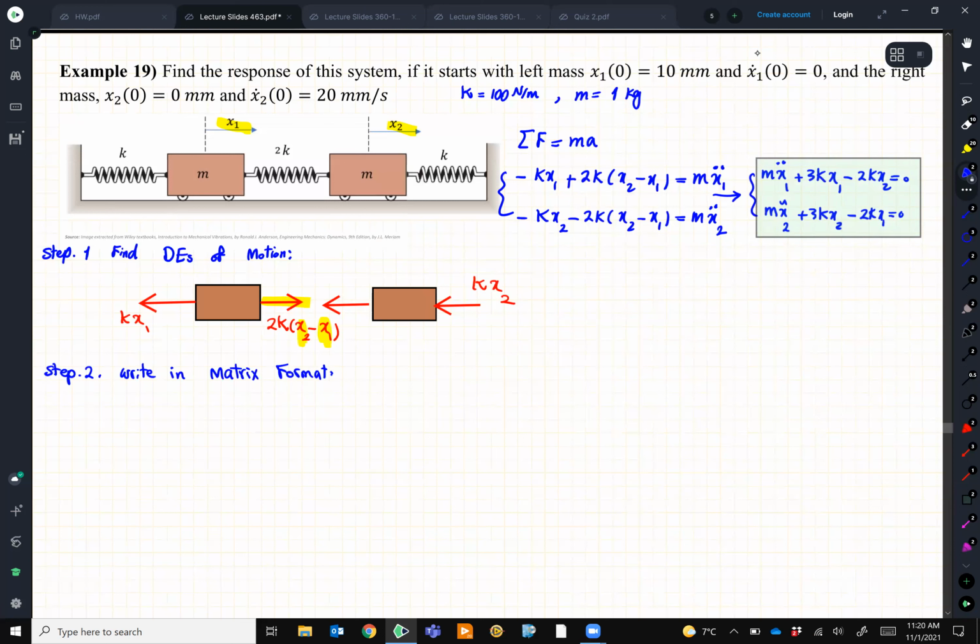We'll have the matrix m, 0, 0, m times x double dot 1, x double dot 2, plus this matrix 3k, minus 2k and minus 2k, 3k times x1, x2 equal to 0.